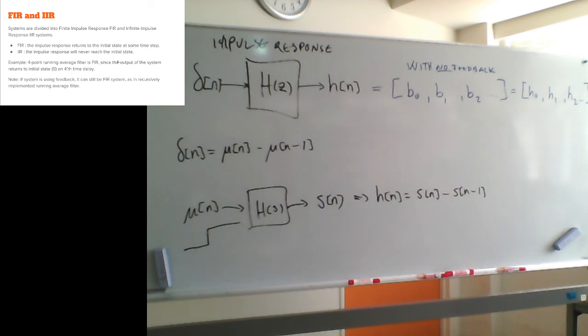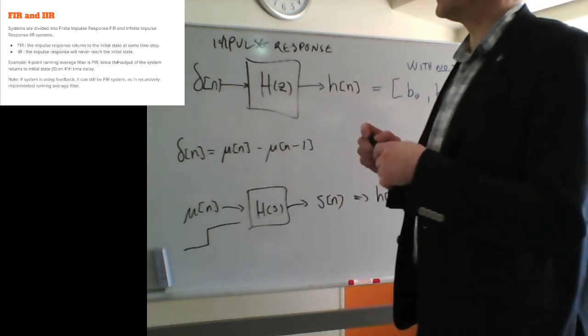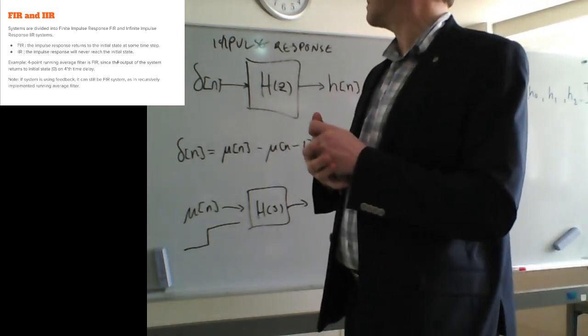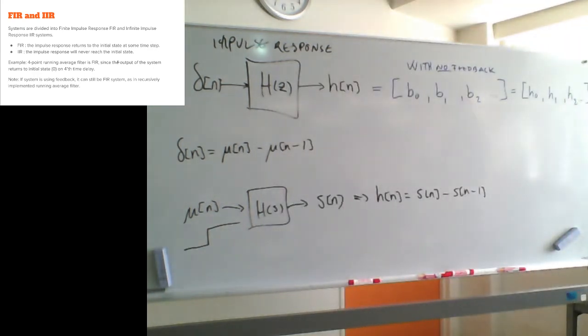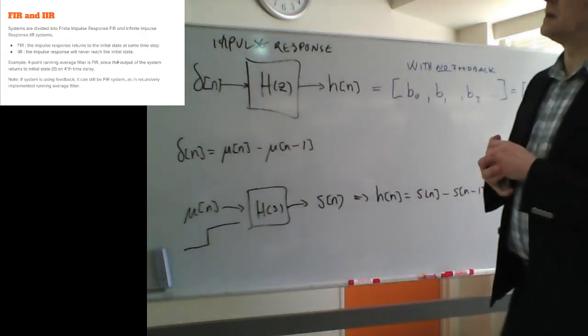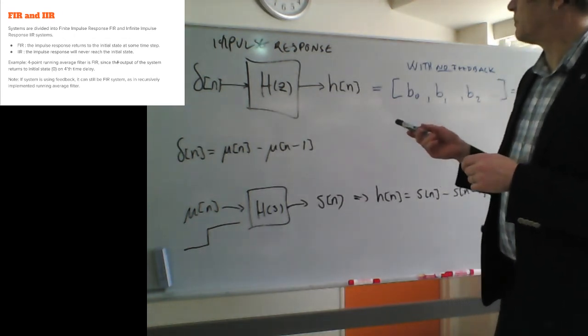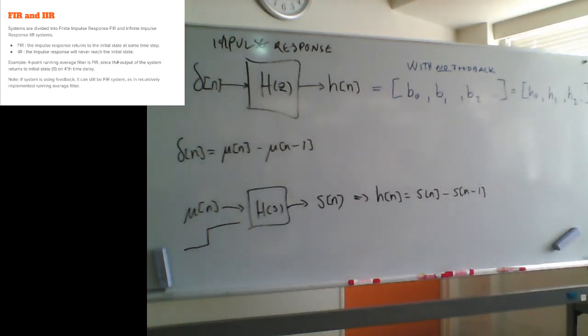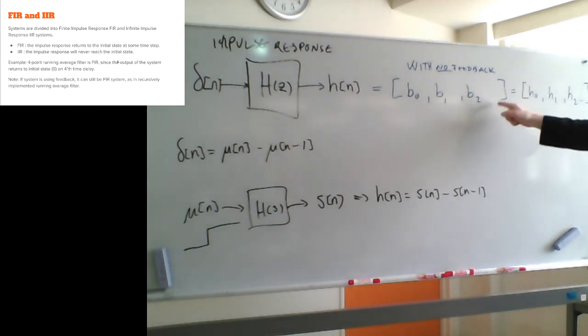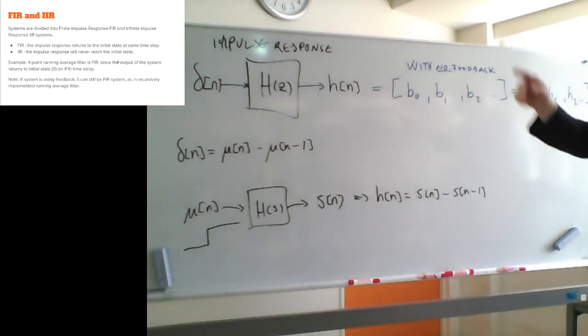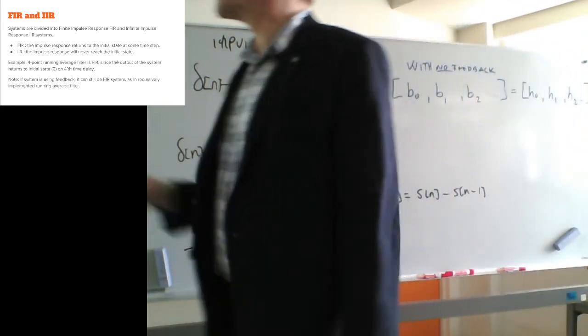So actually there's a division between the different systems based on the impulse response. There are finite impulse response systems, where basically you have a finite number of values on this one, meaning it ends somewhere, or infinite impulse response.